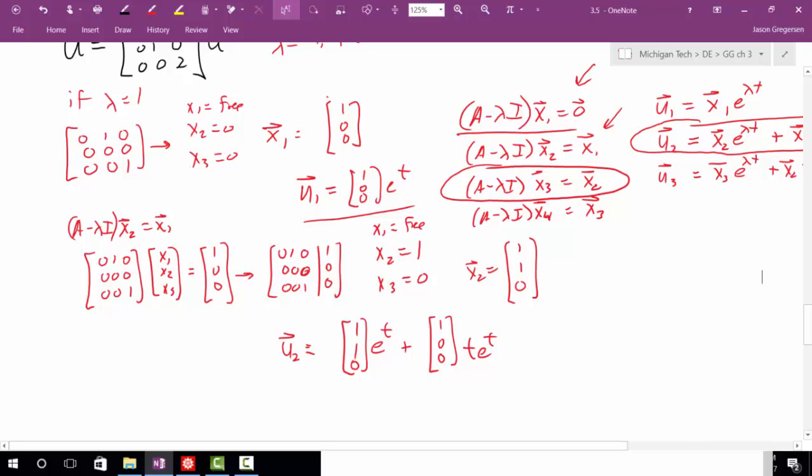Now, there's also something called the geometric multiplicity, and that's basically related to the number of eigenvectors you generate when you use that eigenvalue. So in this specific case, I have an algebraic multiplicity of 2, but a geometric multiplicity of 1. And that disconnect is why I had to calculate the generalized eigenvector.